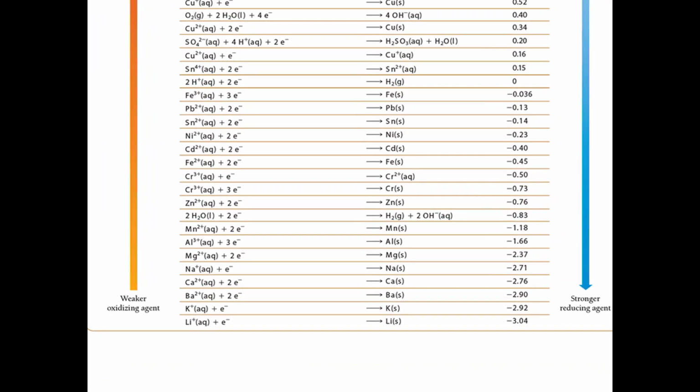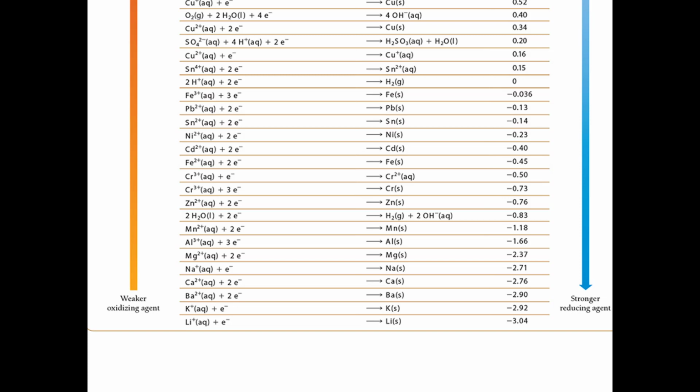So you see copper 2 positive wants to gain 2 electrons and become copper solid, and it's a positive 0.34 volts. So that wants to happen. Copper 2 positive wants to be reduced. Below it is zinc 2 positive. Zinc 2 positive gains 2 electrons and becomes zinc solid.